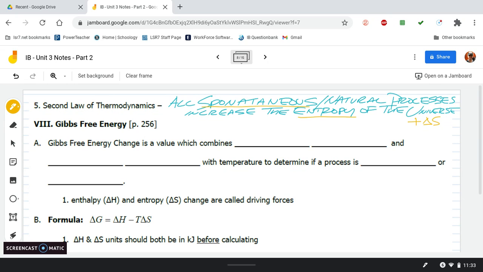So what does this formula do? What does Gibbs free energy do? Well, what it does is it combines delta H, which we've looked at, delta S, which we've looked at, and temperature. So it's combining three things.